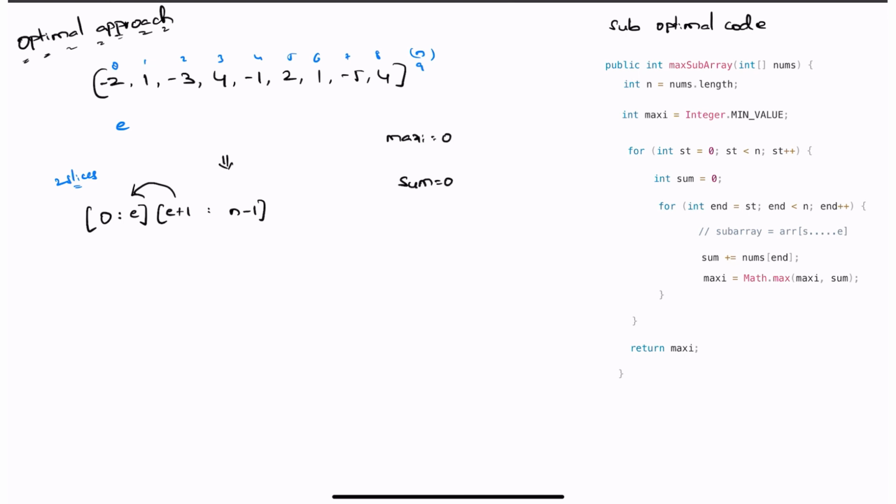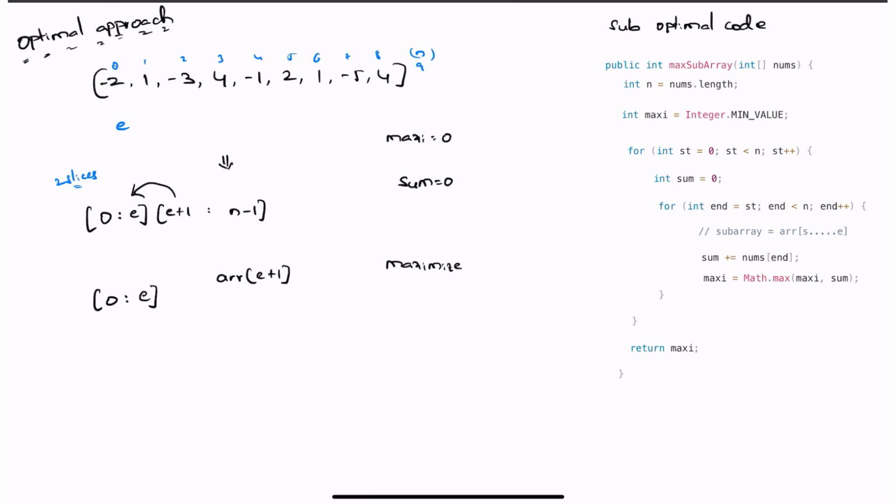Now, since we already have a slice and we want to encounter a new element into that slice, our main intention is to maximize.